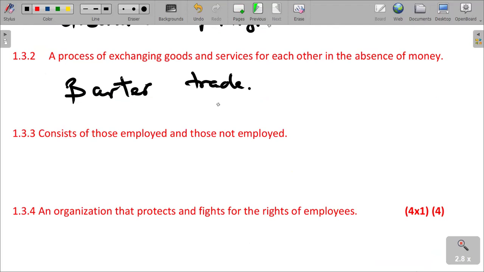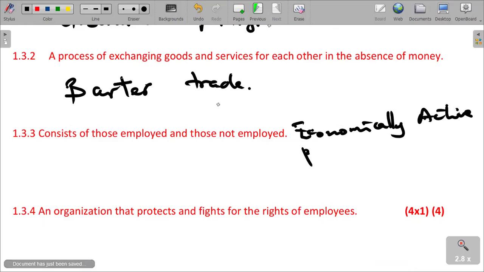Barter trade. Consists of those employed and those not employed. What is it that consists of those employed and not employed? We talk about the economically active population.